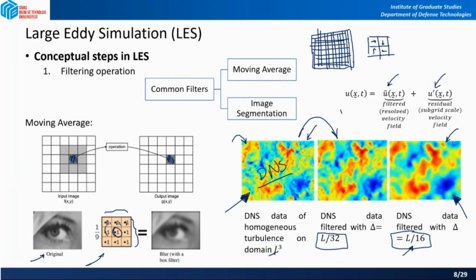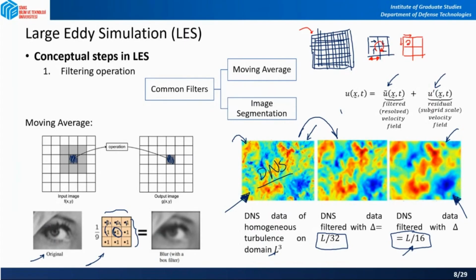This is a representation of such a vortex in your field, right? Depending on the size of the pixels or the size of the grid that you put on this field, you are able to resolve up to some point. And what happens if you have a vortex that is smaller than your grid?